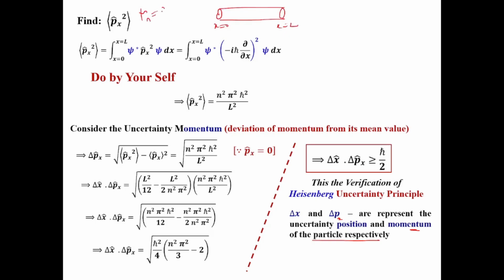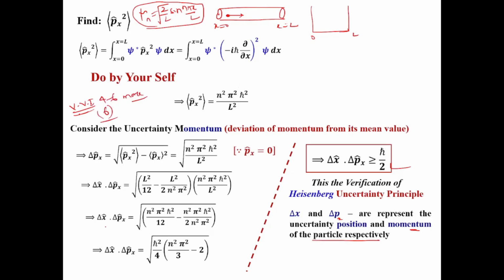The wave function we considered is root of 2 by L sine of n pi x by L. This is the generalized, normalized wave function of a one dimensional box, and by considering this one, we verified it. This is very important from the exam point of view. This question is often asked for 4 to 6 marks. So what is the procedure?